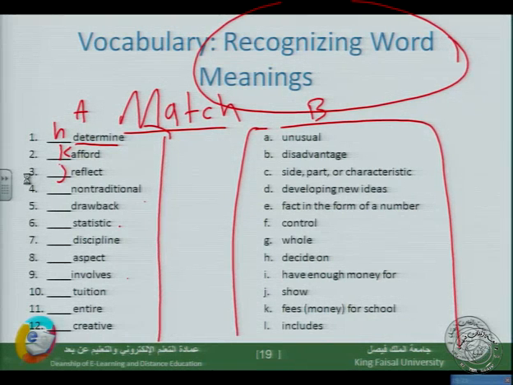Non-traditional means unusual. 5, drawback. Again, I have mentioned this before in one of the sentences. Drawback means disadvantage. Statistic means fact in the form of numbers.